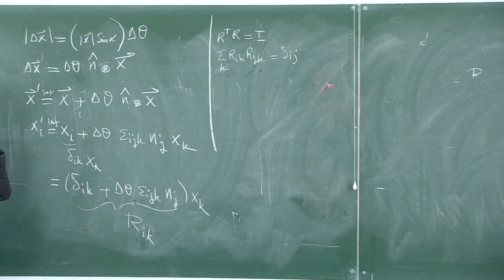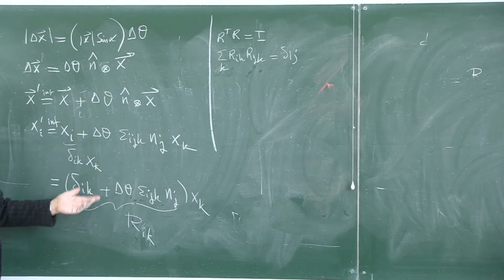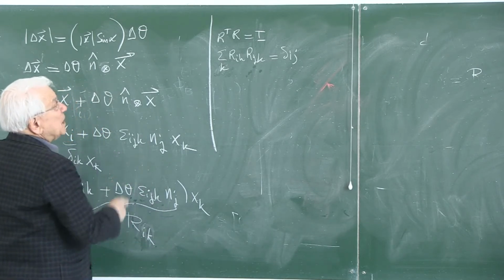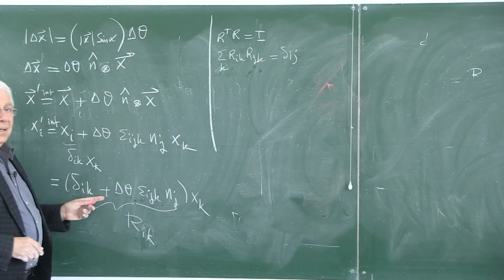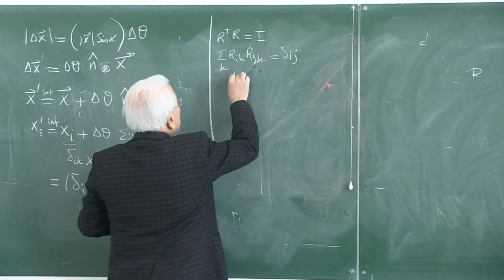So what we should do is write this and then drop, in the infinitesimal case, the delta theta squared terms that would appear in the product. So what is the direct term? Delta_ik times delta_jk gives you delta_ij. Obviously, the first term is delta_ij.